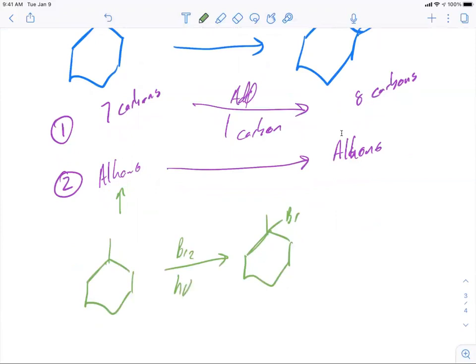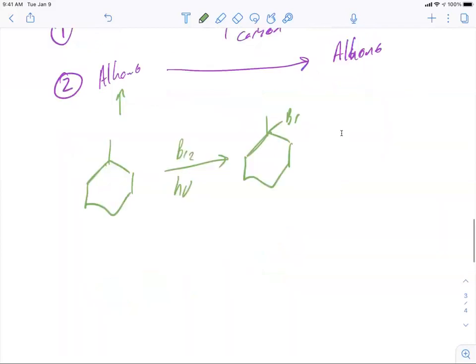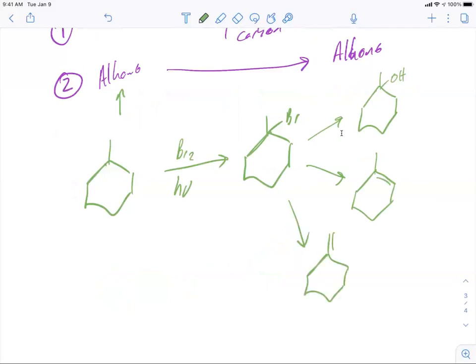And we're gonna get a transformation to a bromide, right? But then the question is, what can we do with a bromide, right? Well, we could turn the bromide into a hydroxide, right? We take that bromide and eliminate it to give me this double bond. By changing my reagents a little bit, I could change it to that double bond, right? So I can get preference there.